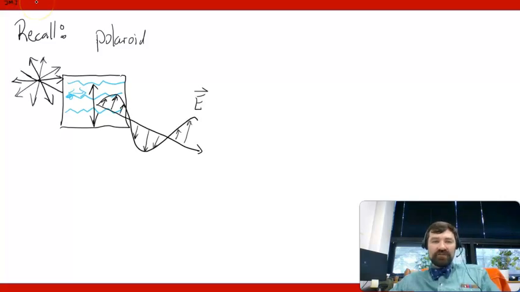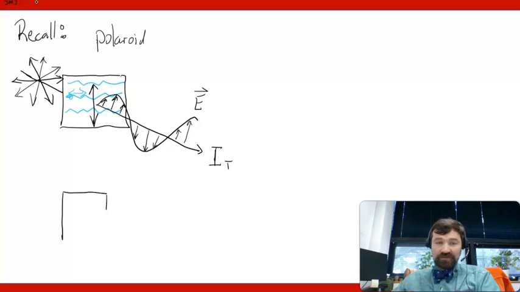We also found the law which governs the transmitted intensity for two polarizers, not necessarily crossed, but a polarizer at some angle relative to the input light polarization.